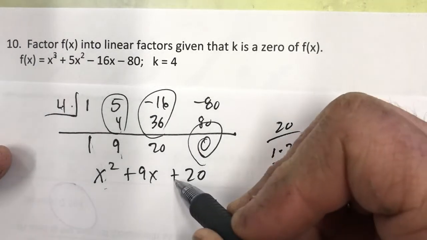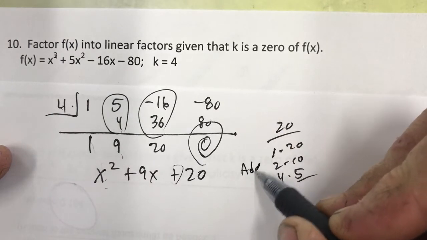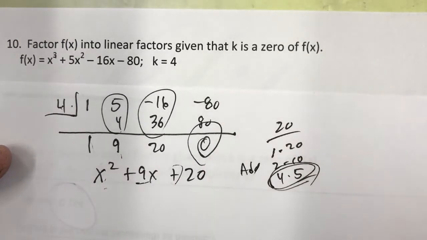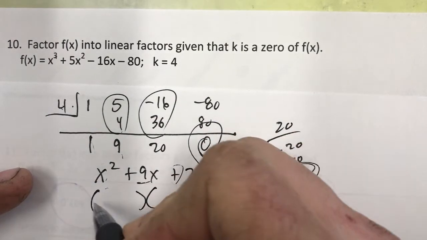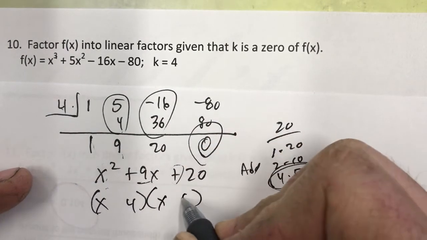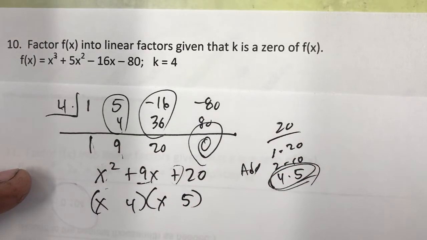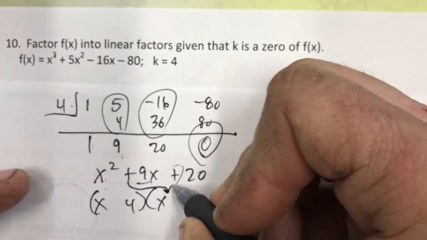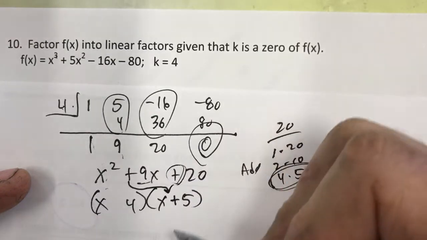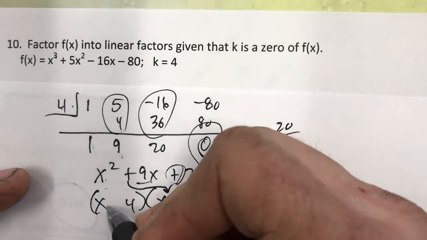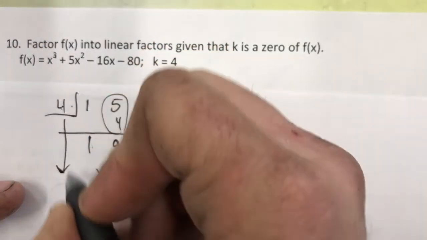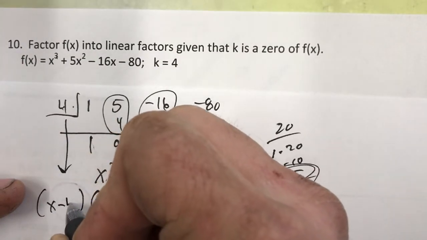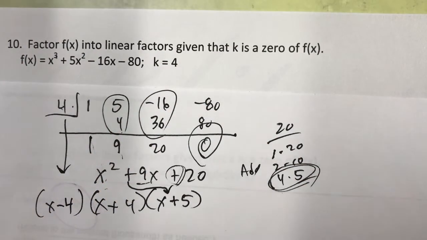Now, which ones of these, since that's a plus, they got to add and get 9 right there. All right, so there you go. And then this goes to the big number. And the last sign being a plus tells me the signs are the same, so that's a plus there. And then I have this one, x minus 4. And there's my factors.